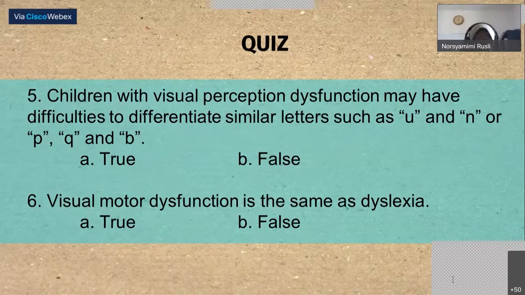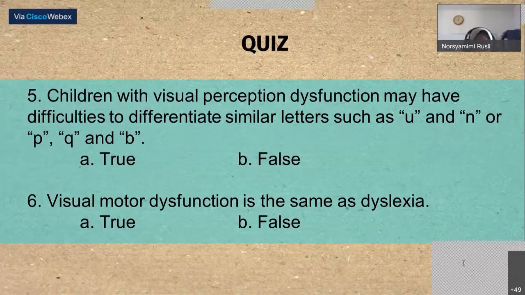Visual motor dysfunction is not the same as dyslexia. You have to remember that the symptoms can be the same, but dyslexia is a problem with processing spoken or written language. However, visual motor dysfunction or visual perception is a problem with interpreting what the eyes see. So it's a different thing.